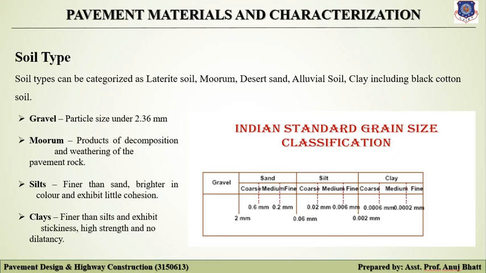A paste of clay with water, when rubbed between the fingers, leaves a stain, which is not observed for silts. So these are the types of soils we generally face when constructing a pavement.